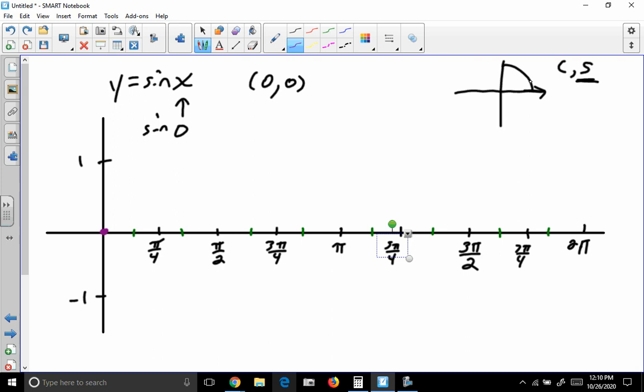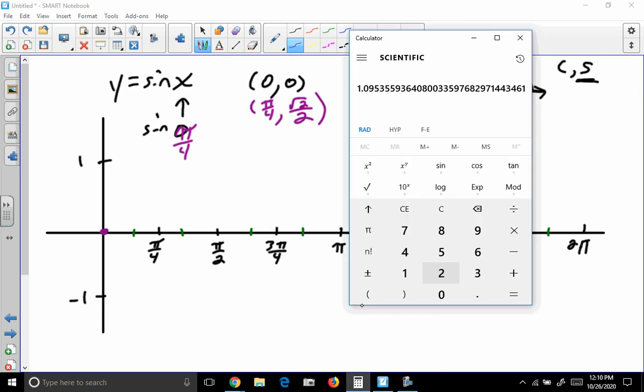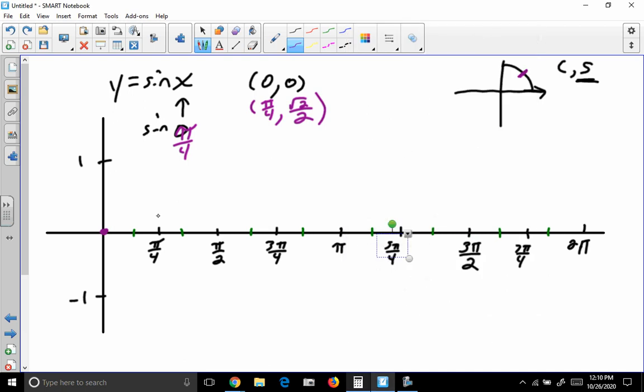But when we rotate around, let's say to pi over 4, when our angle is pi over 4, sine of pi over 4 is the y-coordinate at pi over 4, which is root 2 over 2. We could get that as a decimal. Root 2 over 2 is about 0.71.